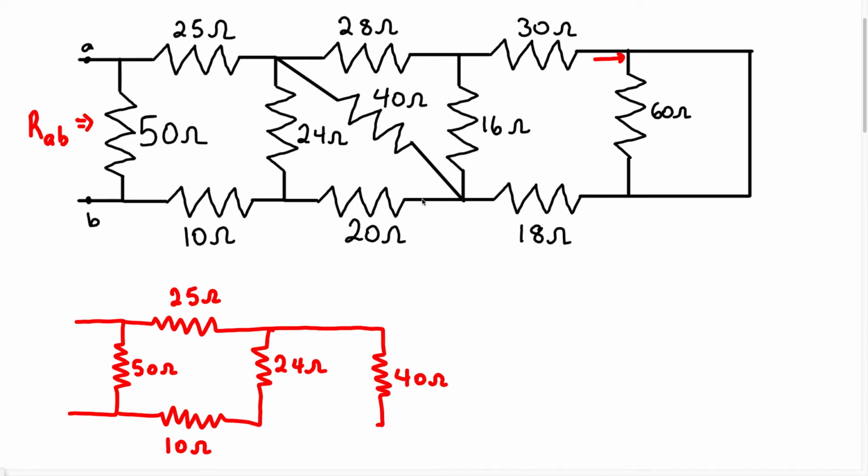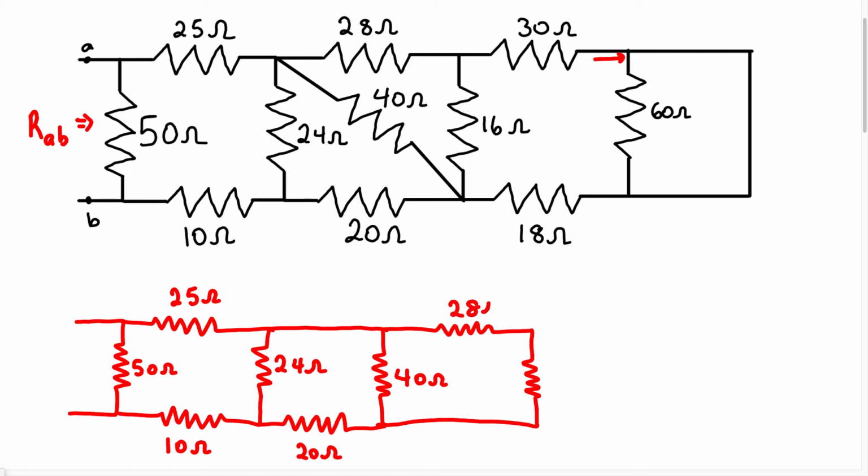And we know we have a wire with a 20 ohm resistor down here. So I'm just going to draw that. We have 20 ohm. Let's continue. We have this wire with a 28 ohm resistor, and then a 16 ohm resistor. That's 28, 16.